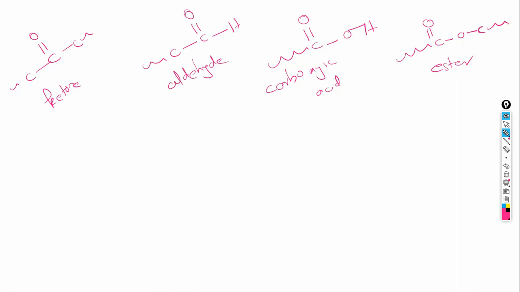So these are all closely related. They all have the same C double bond O on them. So that's why these are studied together. So when you study their functional group chemistry, you will study them one after the other.